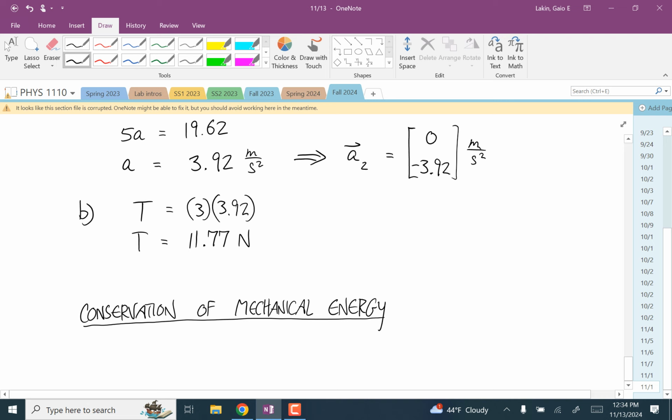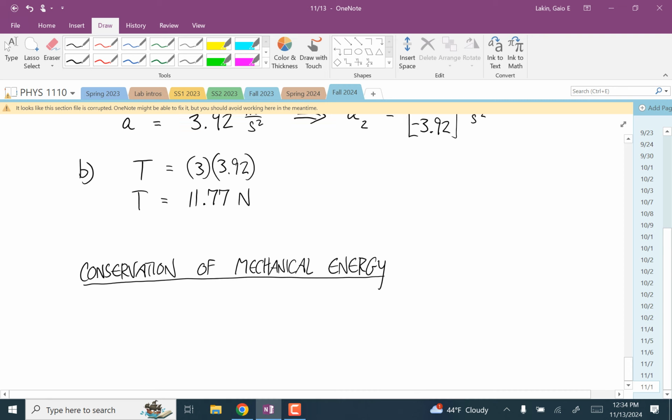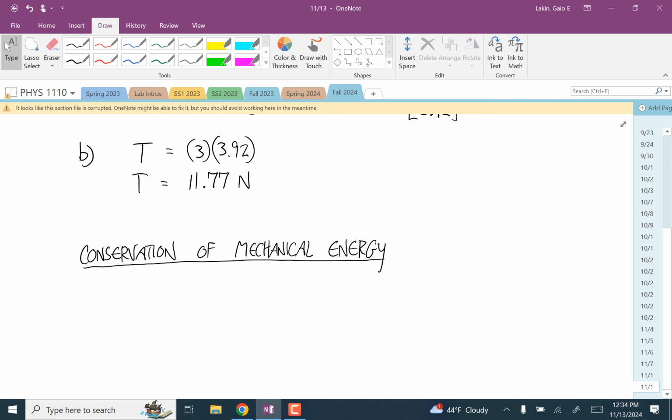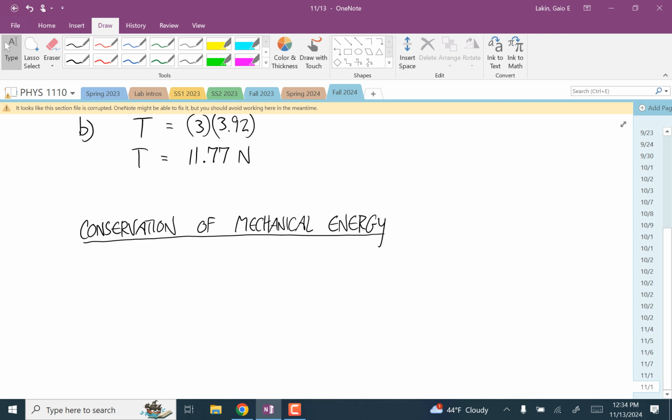And this one definitely is a little more complicated. There's a few more things that you have to wrap your head around to make sense out of this. I mentioned before that one way to identify when to use conservation of mechanical energy is when a problem is asking you to relate an object's location to its speed.